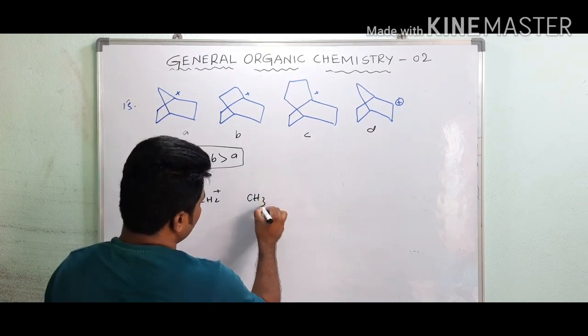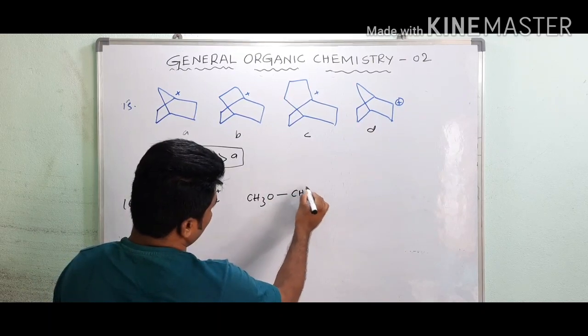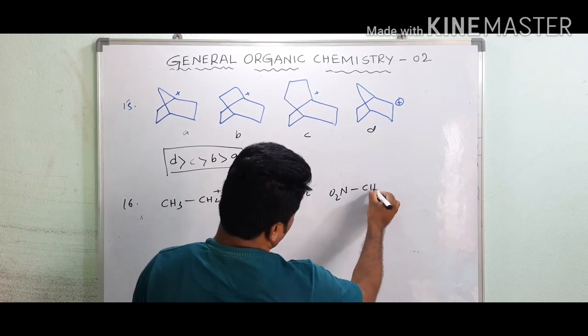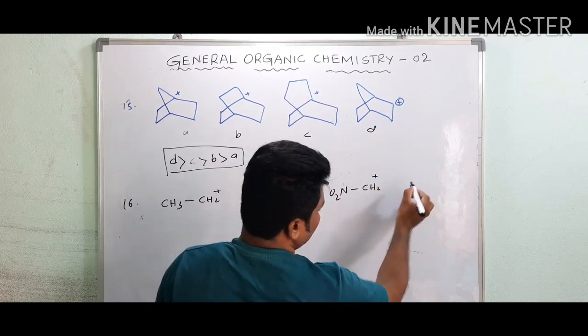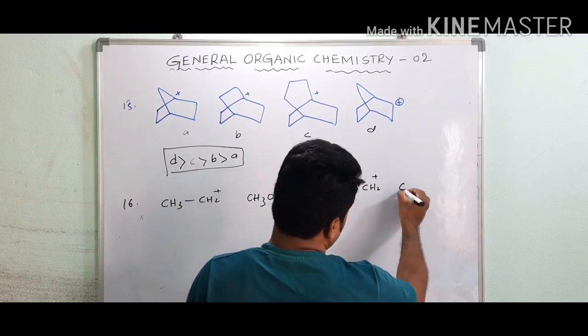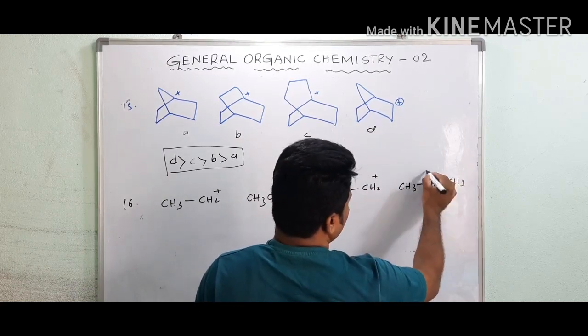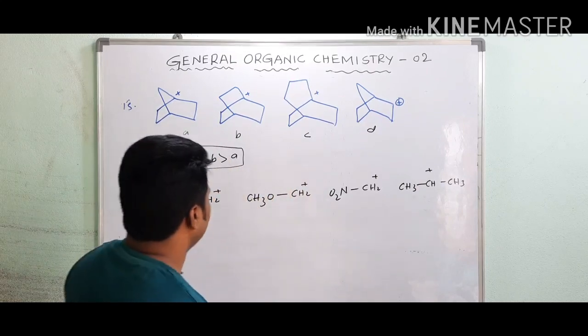Now CH3OCH2 plus, then NO2CH2 plus. Now here one more, CH3, now CH3 plus. Now see the stability order A, B, C, D.